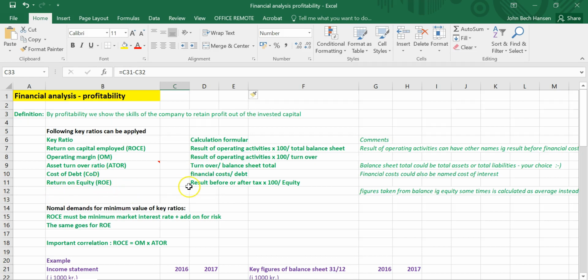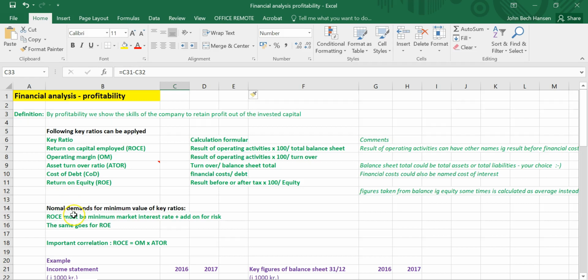Now, what demands can we give the company for the level of these key figures? Well, for the return on capital employed, as an investor or an owner, you always have other options for where to put your capital.